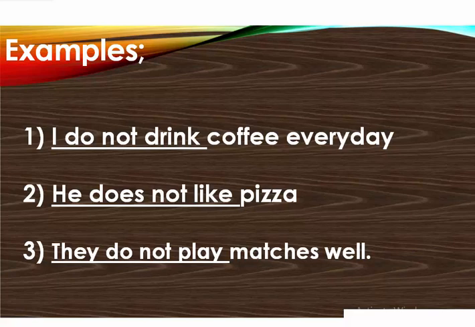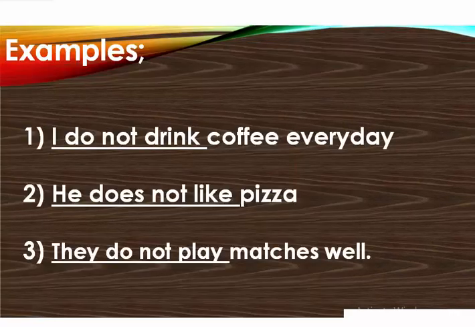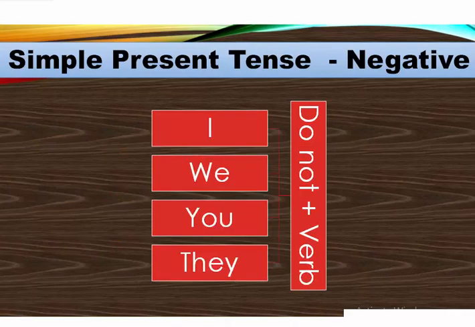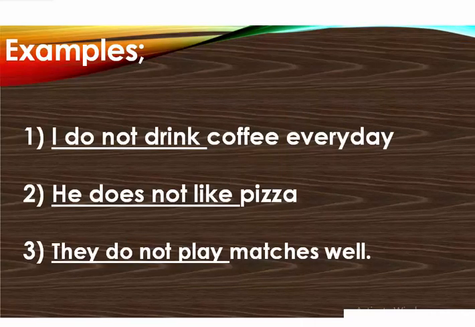Here you can see, when I comes, I join with do not and the verb. I do not plus verb drink.